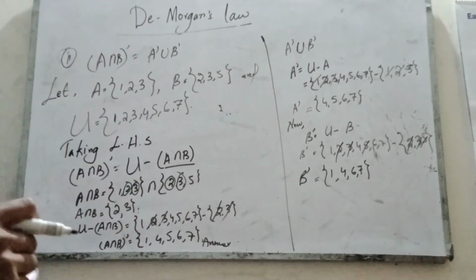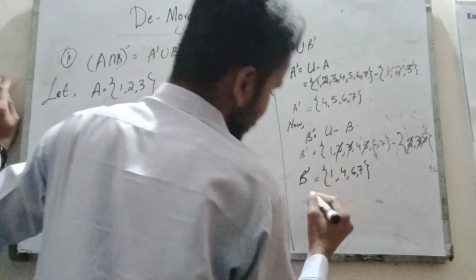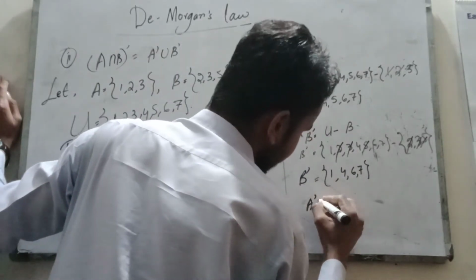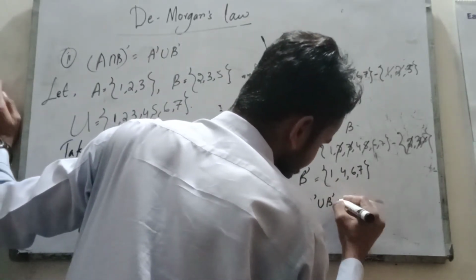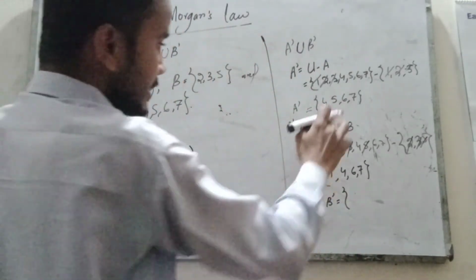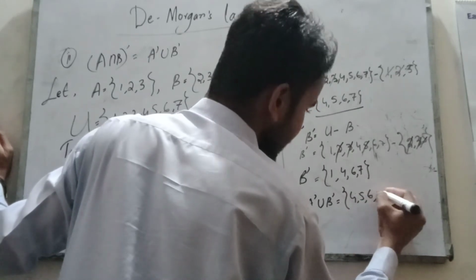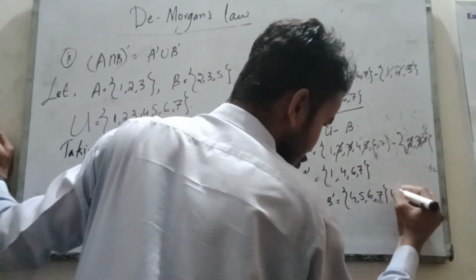So what we have to do now, just find their union. So A complement union B complement is equal to, what is the value we have found for A complement? That is 4, 5, 6 and 7, union.